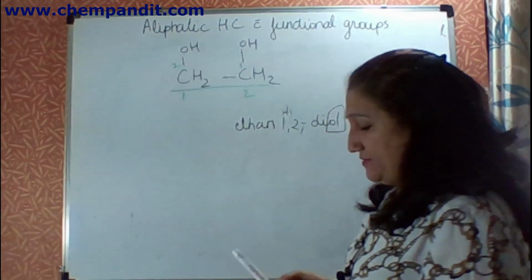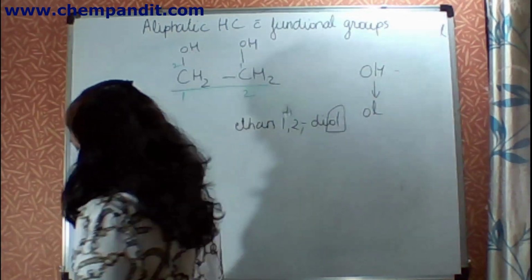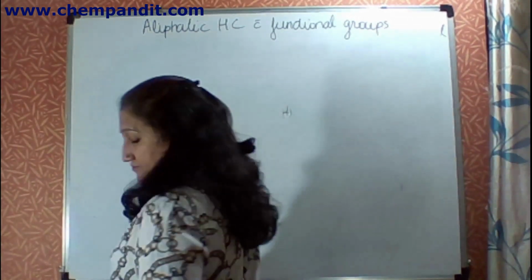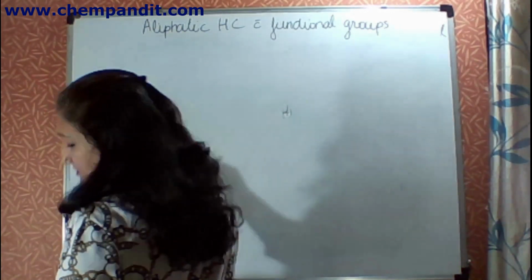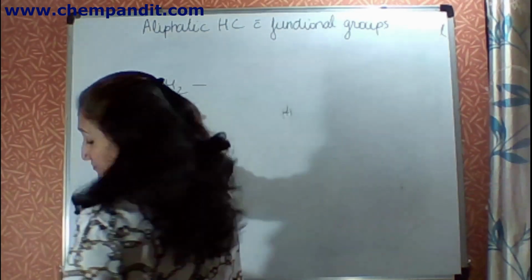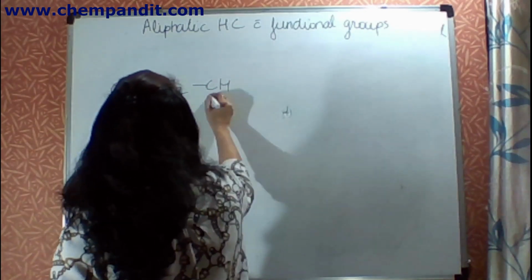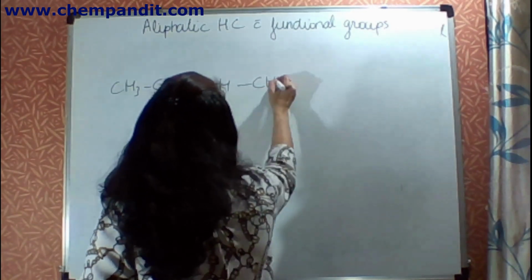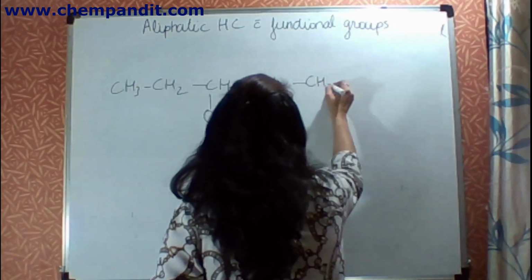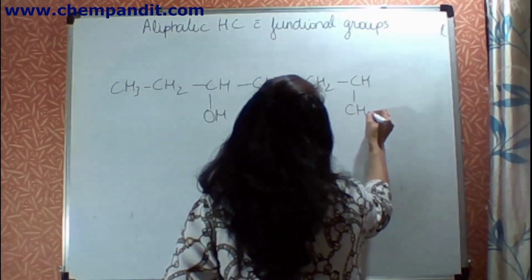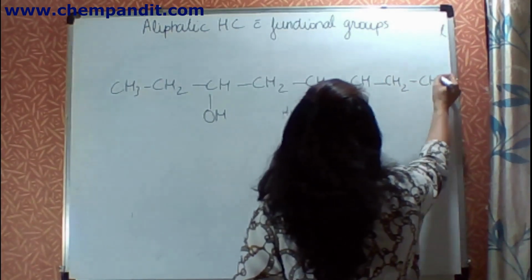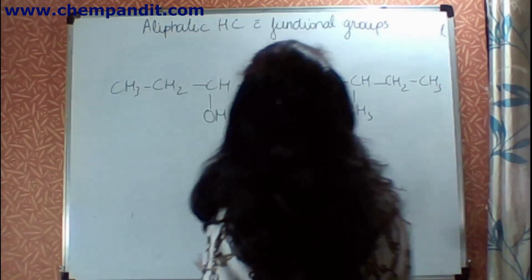Let's take one more example. Second example, let's take CH3, CH2, CHOH, CH2, CH2, CH, CH3, CH2CH3, CH2CH3, with 8 carbon atoms in the main chain.